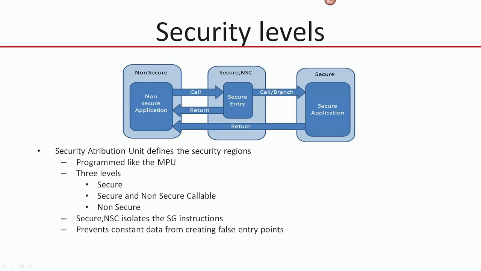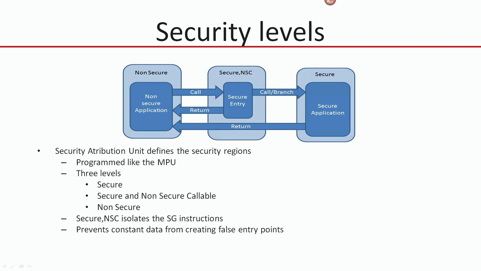And this would create a false entry point that could be exploited by somebody trying to hack your code. So for this reason, there is an additional intermediate state called the non-secure callable state, which is where all of the secure gateway instructions must reside.